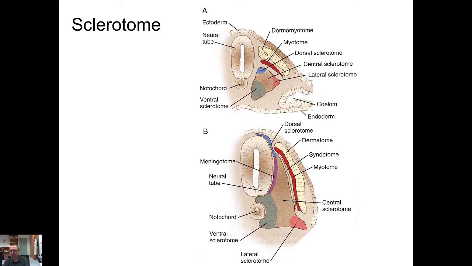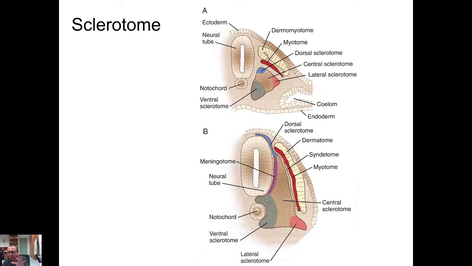You already know it, the ventromedial part of a somite. It isn't important here to know the parts of the sclerotome: ventral, lateral, central, dorsal. This picture is here just for illustration that the tissue of the sclerotome, which was before epithelium, is now mesenchyme.